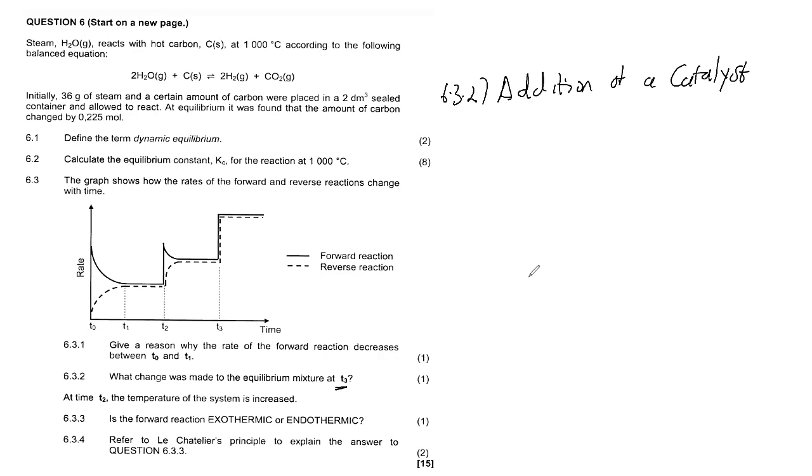And then at time T2, the temperature of the system is increased. Is the forward reaction exothermic or endothermic? Right. Now let's understand this. They say the temperature of the system was increased. So before we can really answer that, let's break down what we know according to our Le Chatelier's principle.